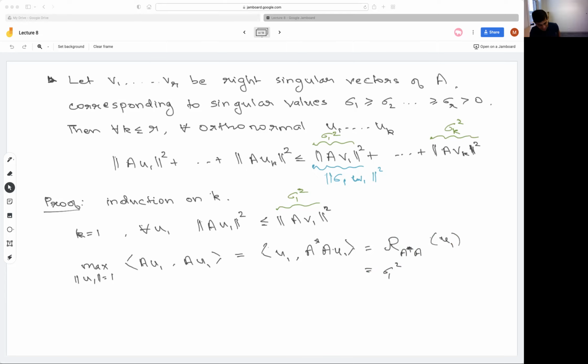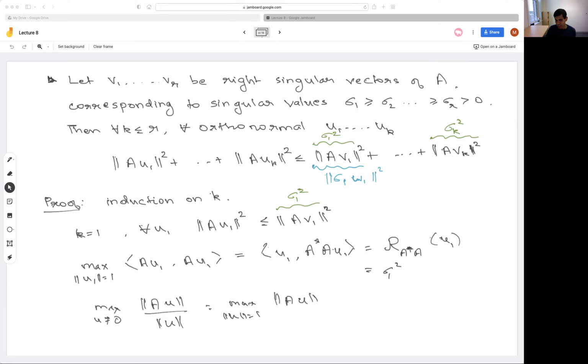Another way of saying it is that we know that the maximum over all u not equal to 0 of norm of A times u over norm of u is the same as the maximum over all u with length 1 of norm of A times u. And we saw that this is the spectral norm, which I assigned as an exercise last time, that the spectral norm is equal to the largest singular value.